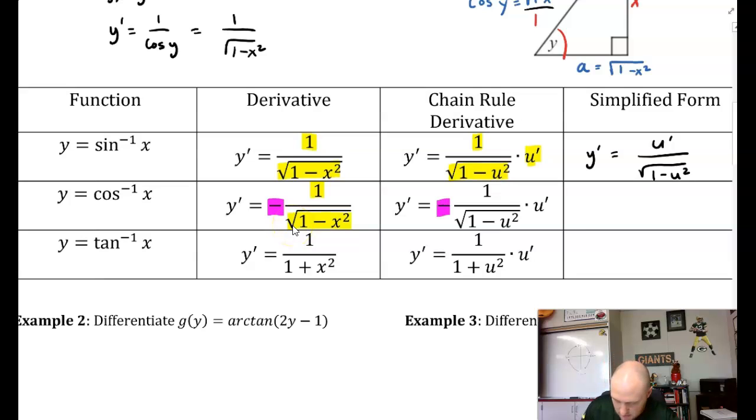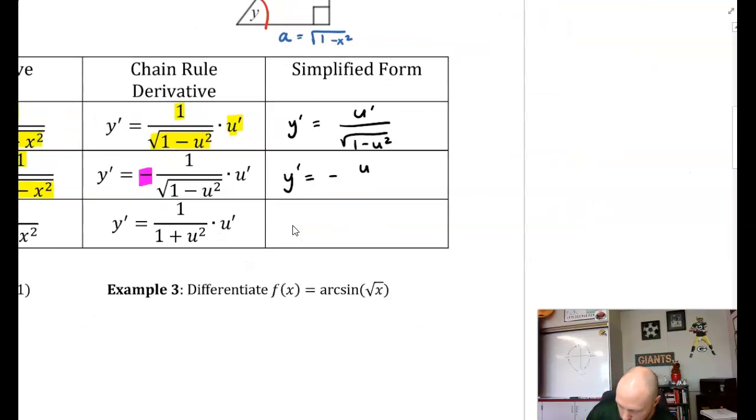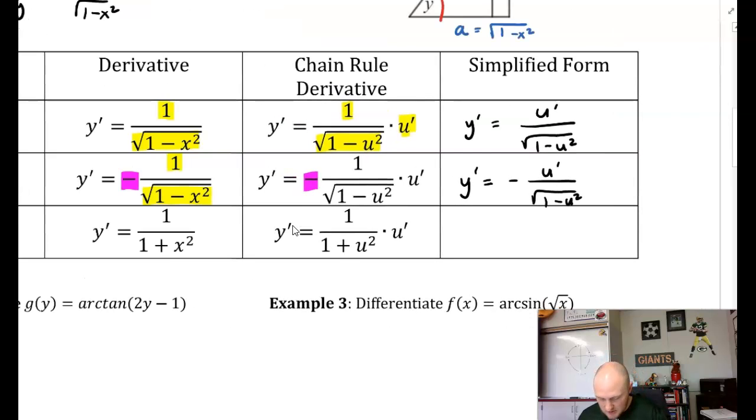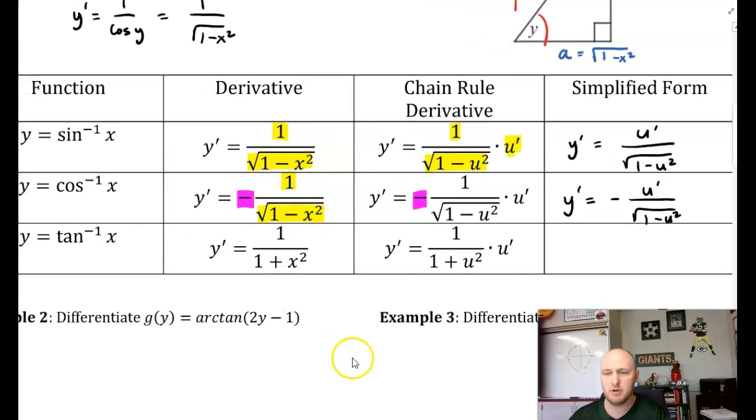So the simplified form, again, I'm just going to put that u prime into the numerator, and we have this format, the square root of 1 minus u squared. Okay? All right, and then last but not least, we have arctan, and arctan looks similar.